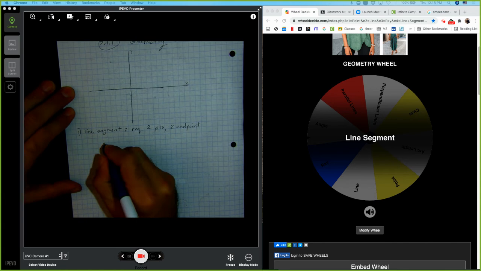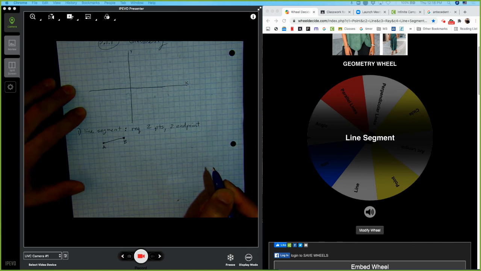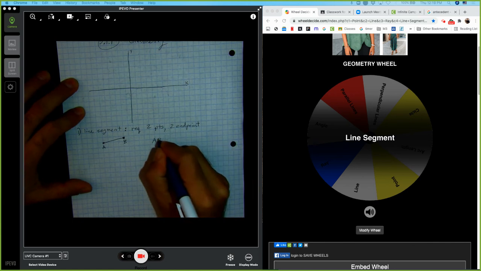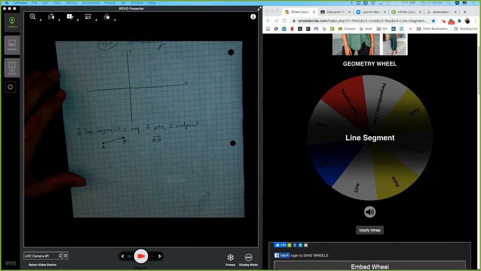But a line segment is actually just between 2 defined points. Okay, so I'm going to say this is A. I'm going to say this is B, and I would call this line segment A B. It's just a line. Okay. Anything else we know about that? No, actually, that is all we're going to do for line segment.